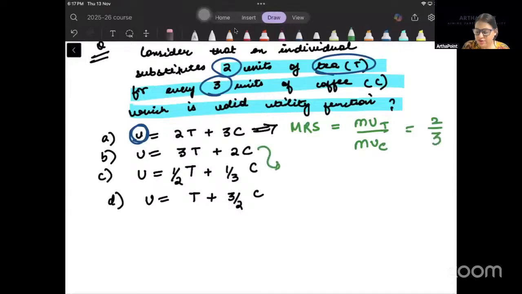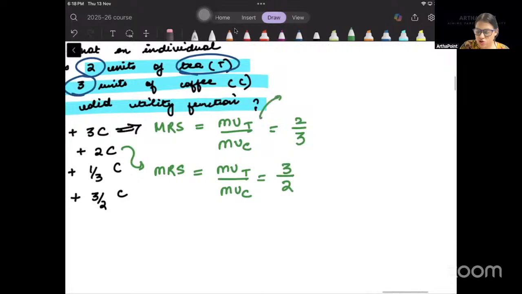And if I find the MRS here, then MRS is MUT by MUC, and this is going to be 3 by 2. Okay, so in this case, whatever comes in the numerator is taken on the x axis, so t is here, and whatever comes in the denominator comes on the y axis, so c is here, right?